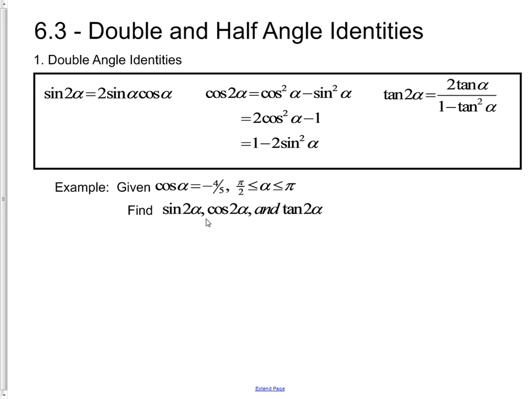So let's describe what this all actually means. Let's say we're given a problem. This is sort of a typical problem for this sort of thing. We're told that the cosine of alpha is negative 4/5 and that alpha is an angle between pi over 2 and pi. Let me see if I can draw the situation here for you.